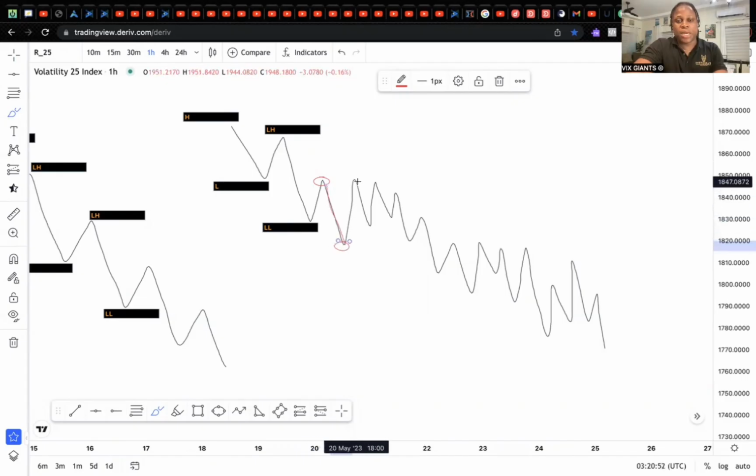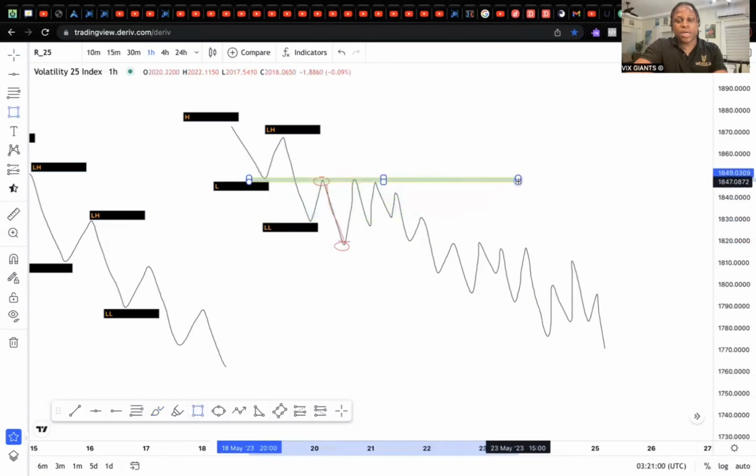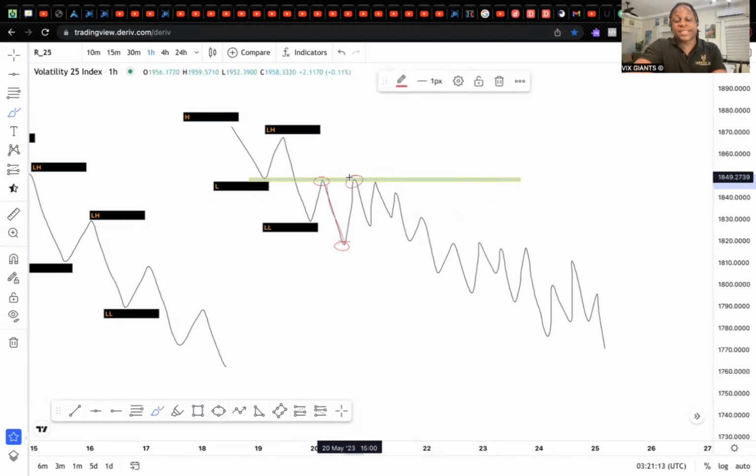The market pulled back. Look what happened now. If we draw a rectangle zone right along here, we notice that the market pushed down from this lower high, creating this lower low. All right? The market pulled back, rejecting the same high that we pushed from previously.